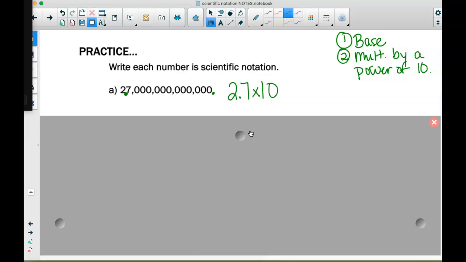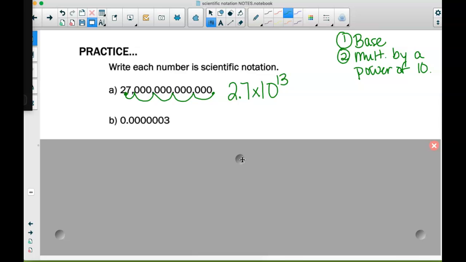Okay, the power is how many places we moved the decimal. So we have to count. We moved the decimal 3, 6, 9, 12, 13 places. So 2.7 times 10 to the 13th power. Okay, be careful not to just count the zeros, but count all the places that you moved it.